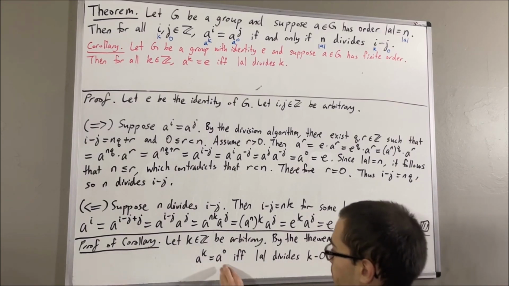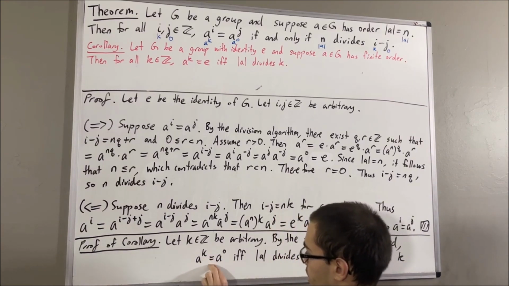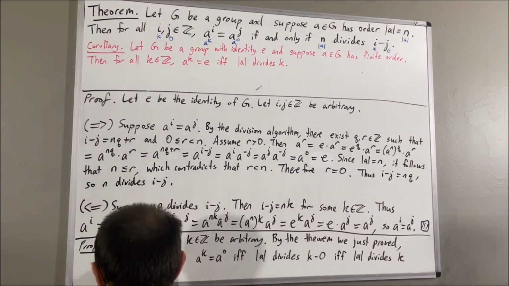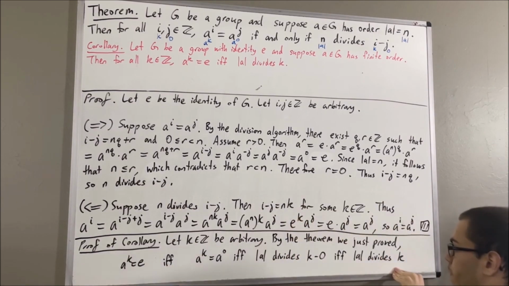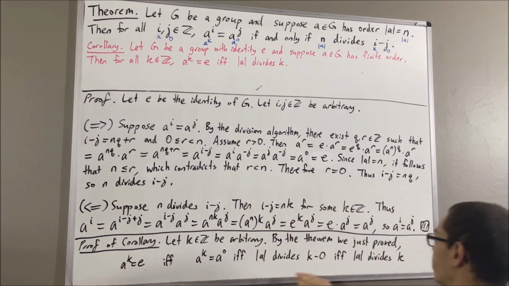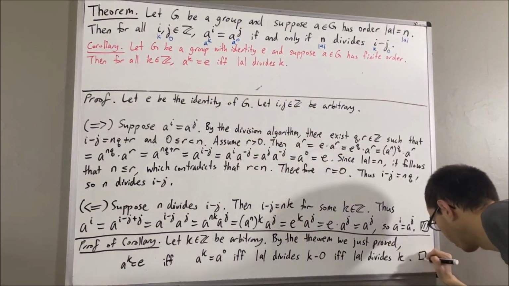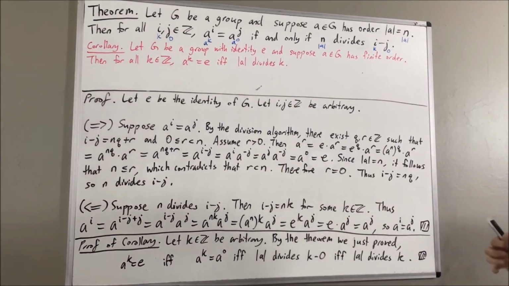And we know that a to the power of 0 is equal to the identity element, so this is equivalent to saying a to the power of k is equal to the identity element. So, through this chain of if and only ifs, we say that a to the power of k is equal to the identity element if and only if the order of a divides k, which is exactly what we wanted. So this proves the corollary. And so yeah, that's pretty much it for this video.